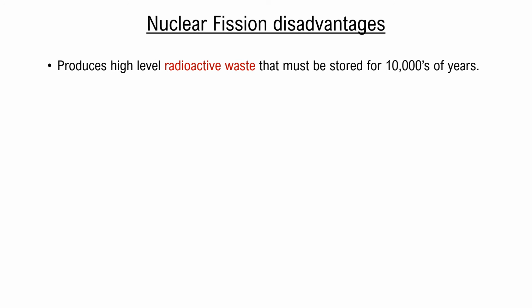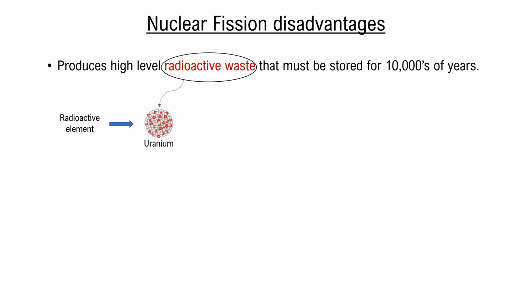However, there are disadvantages of nuclear fission. It produces high-level radioactive waste that must be stored for 10,000s of years. So where does the radioactive waste come from? The radioactive waste comes from the uranium. Uranium is a radioactive element.